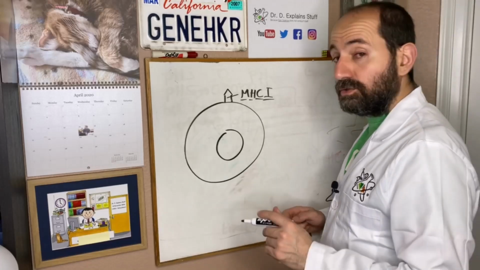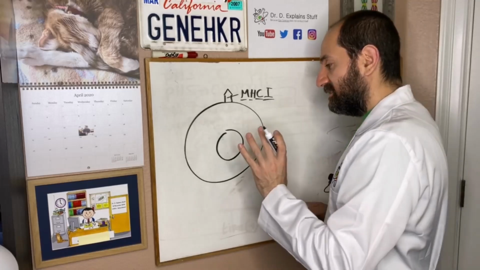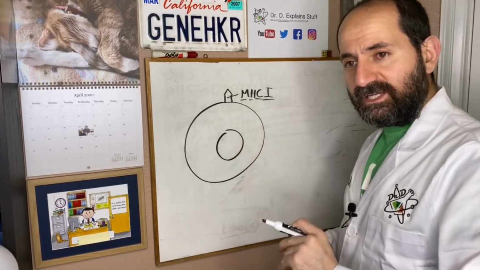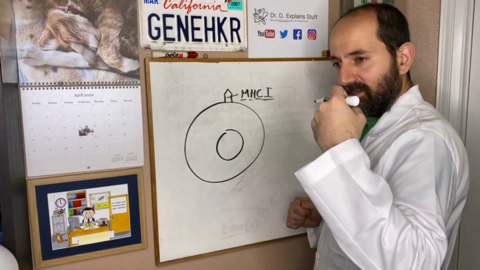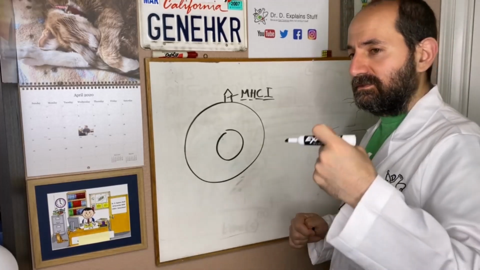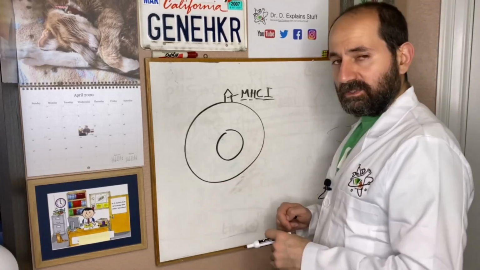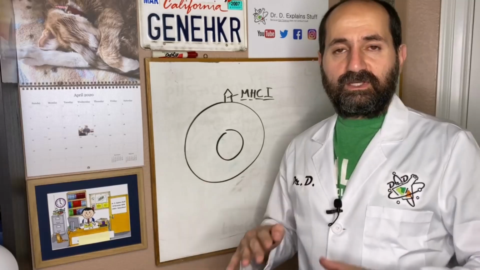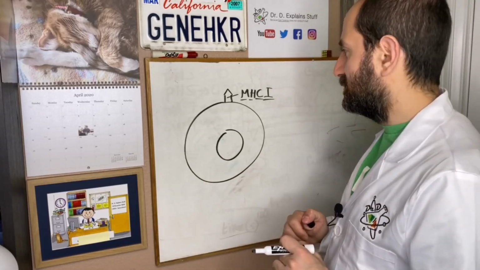This is all cells, including, and this is what some students confuse sometimes, even your professional antigen presenting cells, the B cells, the dendritic cells, the macrophages. Even those cells have MHC I on their surface. So all your nucleated cells have MHC I on their surface.